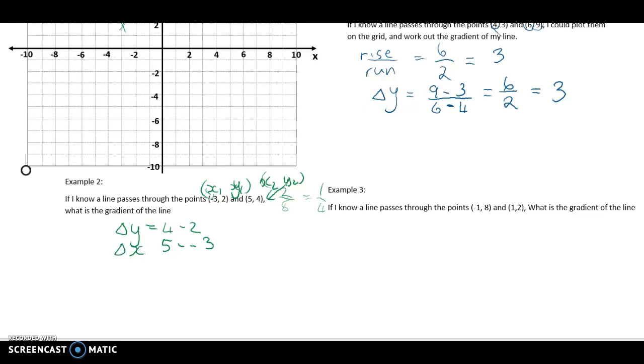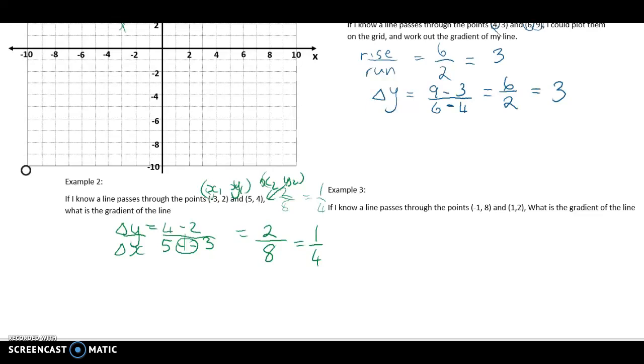So my change in x: 4 minus 2 gives me 2, and 5 minus minus 3 changes to a plus sign, it's two negatives, and that will be 8, and 2 over 8 simplifies to 1 over 4.